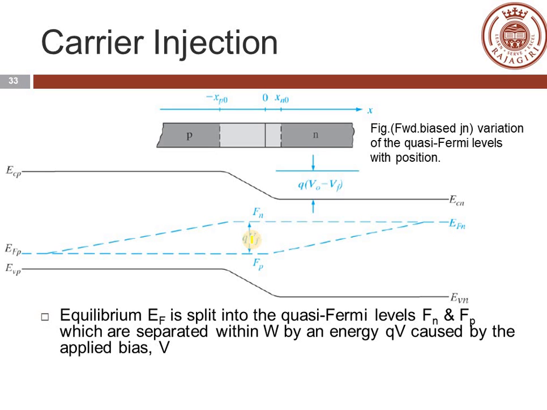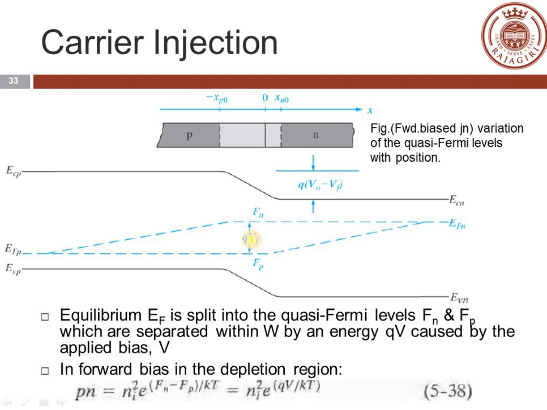So equilibrium EF is split into quasi-Fermi levels Fn and Fp, which are separated within the transition region W by an energy qV caused by the applied bias V. If the applied bias is Vf, that difference will be q into Vf. In the forward-biased depletion region, we can write pn as ni squared into e to the power (Fn minus Fp) by kT. This will be ni squared into e to the power qV by kT. If the applied bias was Vf, instead of V substitute Vf.